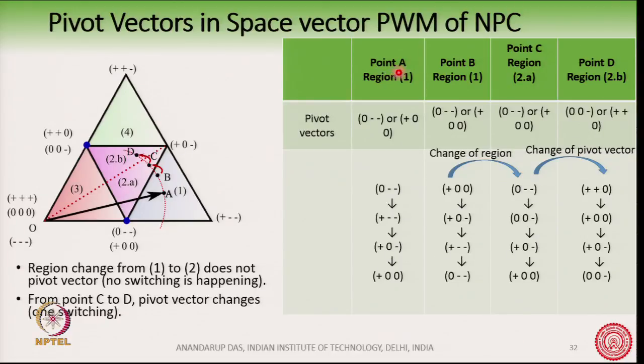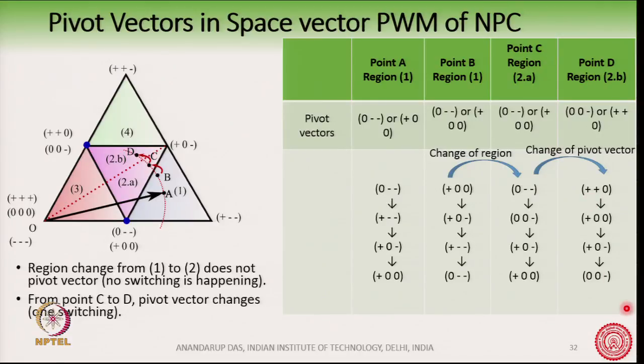As we move from point A to B to C in different regions, we have defined this as region 1, A and B are in region 1, and B, C and D are in region 2A and 2B. 2A means part of this triangle, but under the control of this pivot vector, and 2B is this region of the triangle, but switched with this pivot vector. So, as I move through these regions, the switching happens this way.